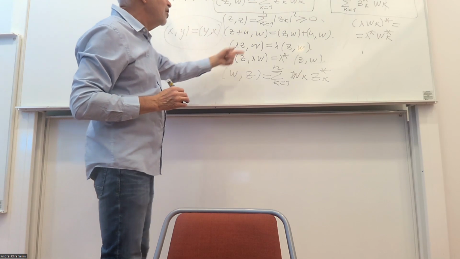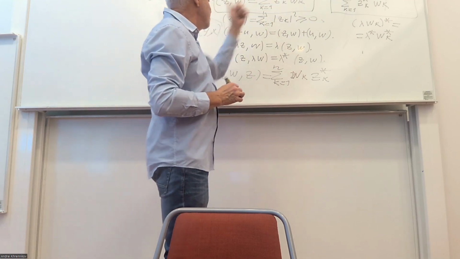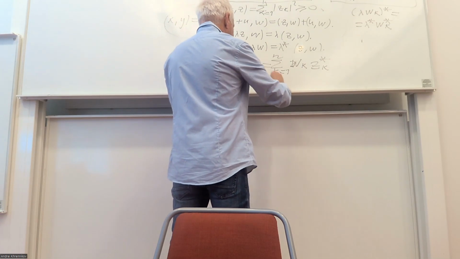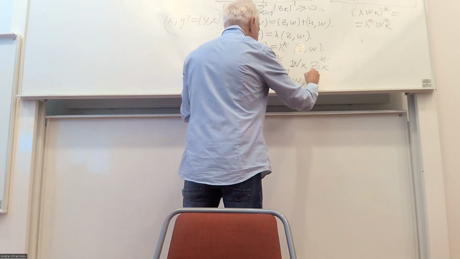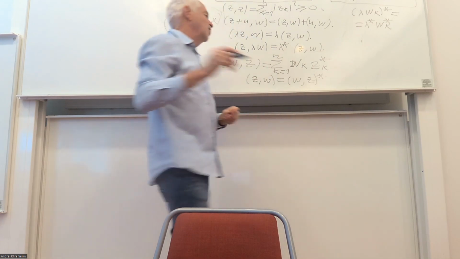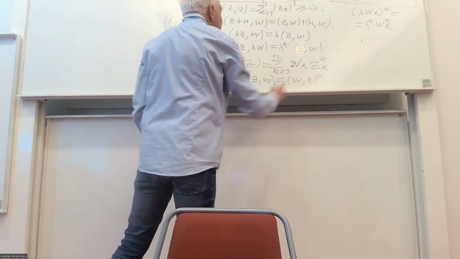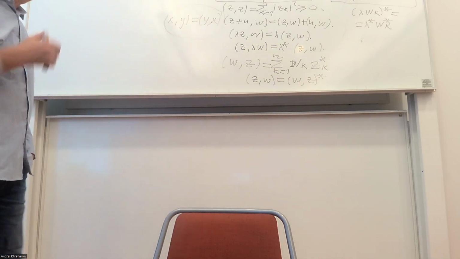It's clear that this is not equal to this, so they are not symmetric. They are related in this way: if we change the variables in the complex scalar product, there would be a star, so this number would be its complex conjugate.